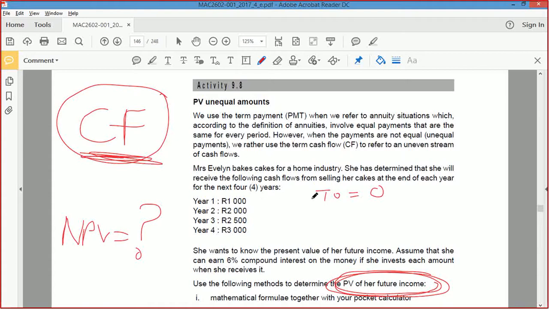And then time 1, after that you say cash flow, then you say CF, and then you say 1,000 CF for your T1, 2,000 for your T2 CF, 2,500 for your T3, and 3,000 for your T4. Second function NPV, which is 8,500.